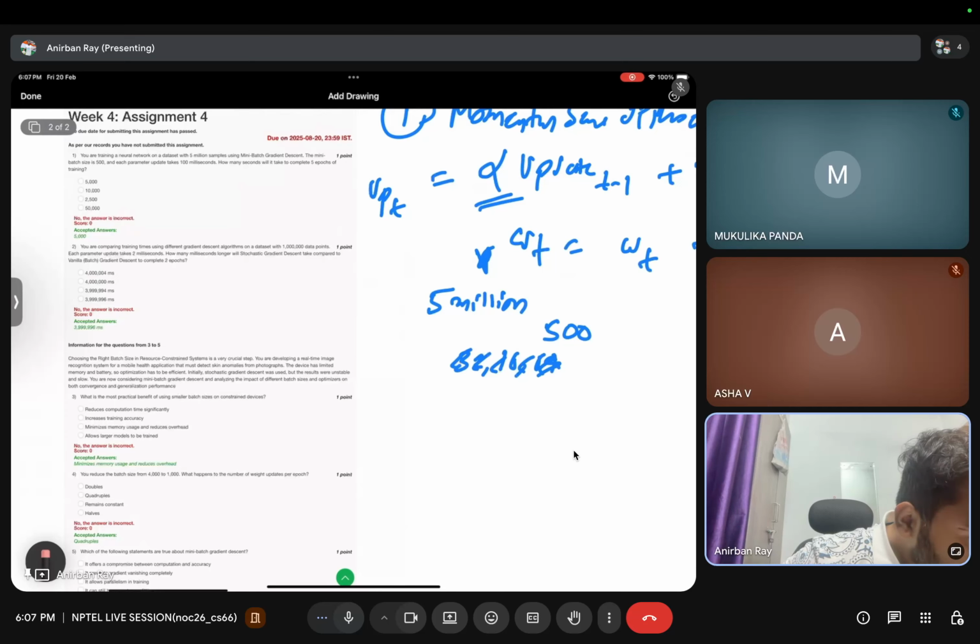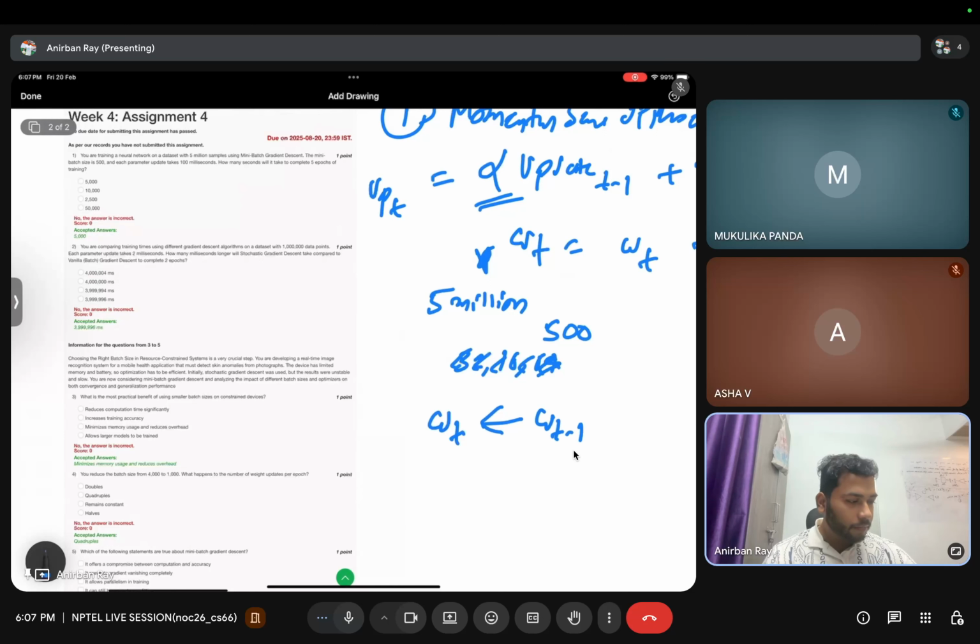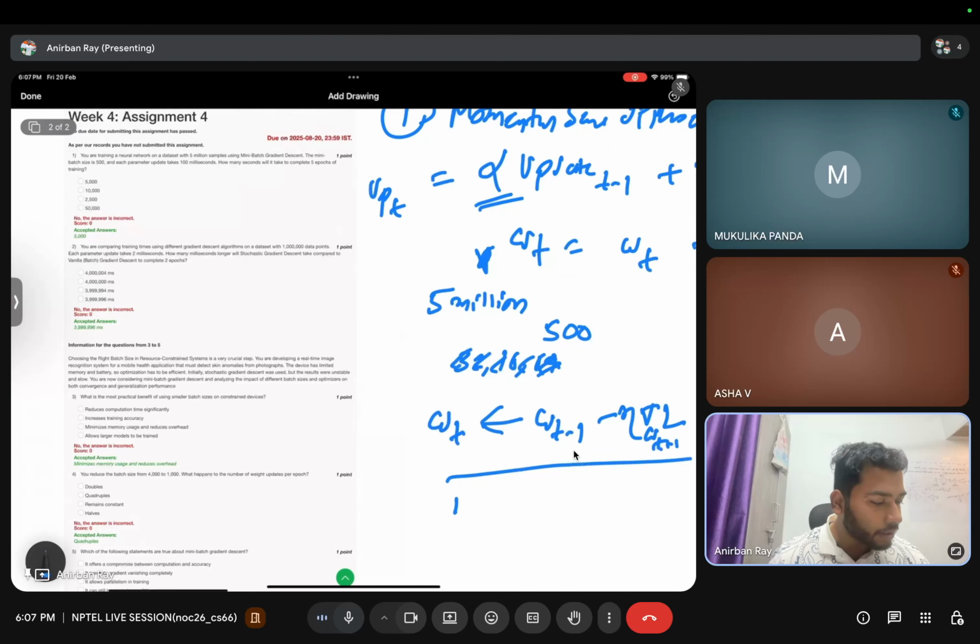What is given is one parameter update, which means the gradient of the loss is taken with respect to the parameter w_t. This update takes 100 milliseconds.